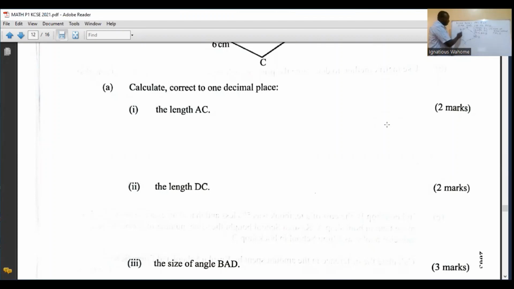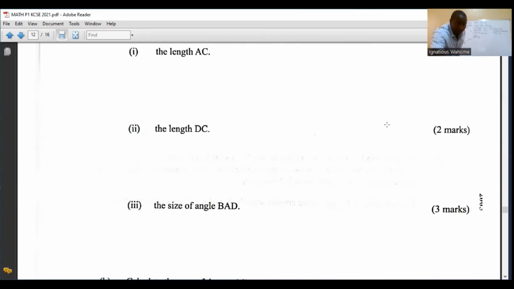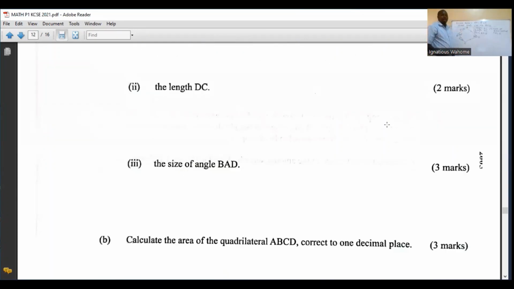That's the angle that we are calculating. And question Roman 4: you are told to calculate the area of quadrilateral ABCD.